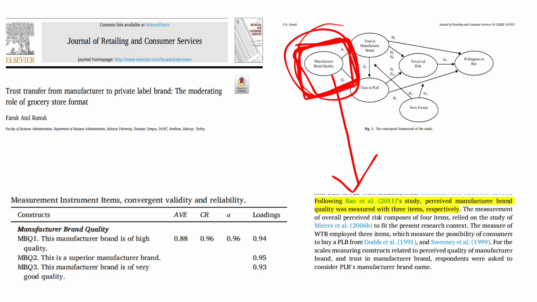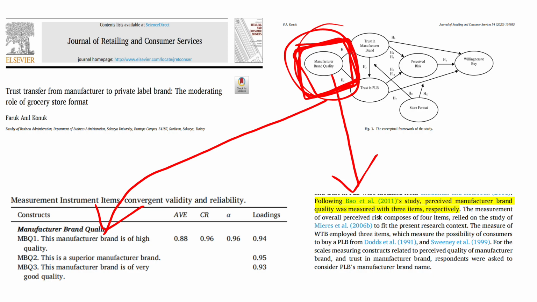And what are these three items? Here you can see them, whatever we have discussed about the questions. This manufacturer brand is of high quality. This is a superior manufacturer brand. This manufacturer brand is of very good quality.